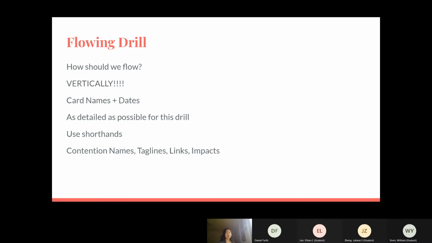And then when we flow, we want to flow obviously the contention names, and then contention 1 and the tagline, which probably is, I don't know, accessibility, right? And then you want the card names and the dates. It might be kind of hard to flow every single piece of evidence, obviously you're not going to, but if you hear key pieces of evidence, for example, their impact evidence, like 10 million people will die, you probably want to flow that.